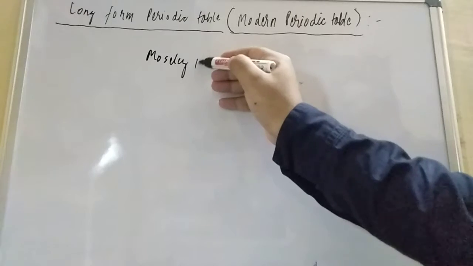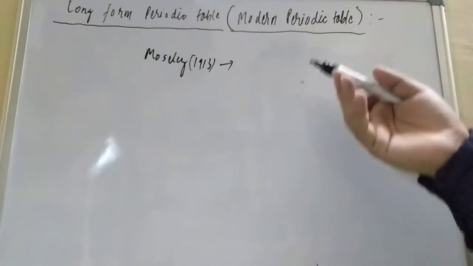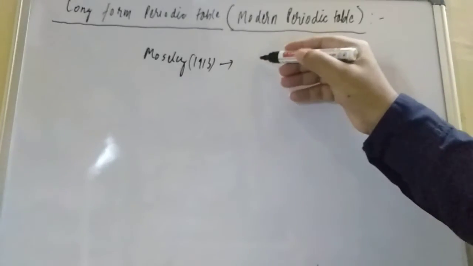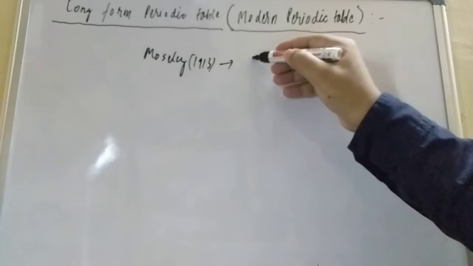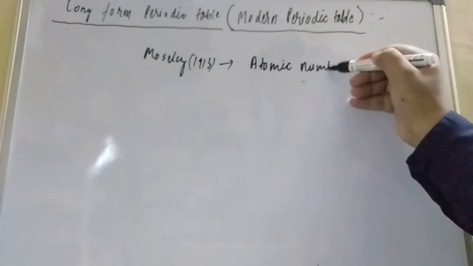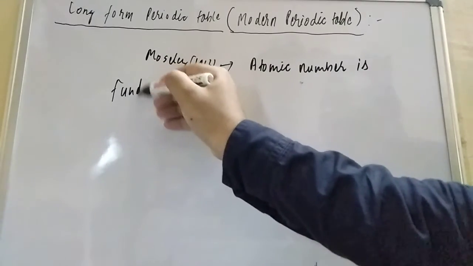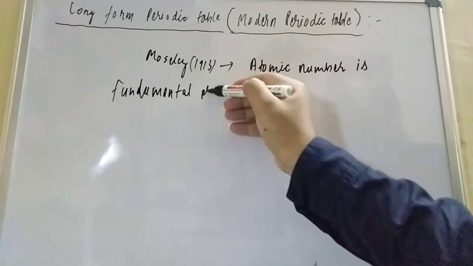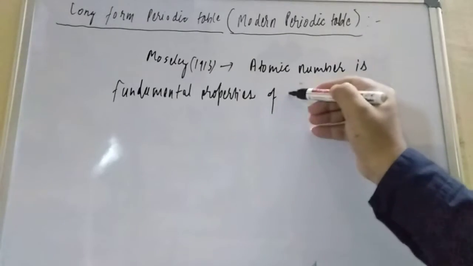Moseley in 1913 explained the failure of the Mendeleev periodic table, and he said that the atomic number is the fundamental property of elements.